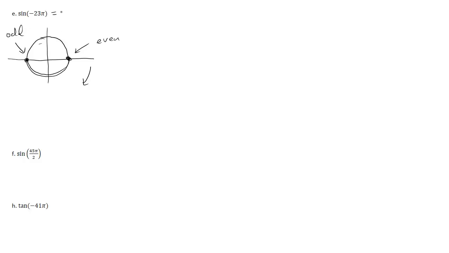So in such a case, sine of minus 23 pi can just as well be written as sine of pi, because that's where you end up at the odd side. And sine of pi is just equal to 0, because you're on the axis, so there's an x value of minus 1, and there's a y value of 0.